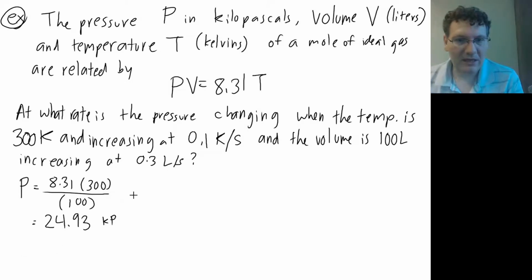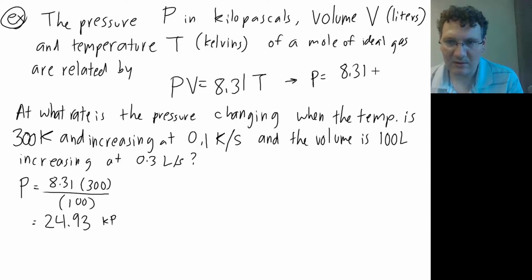Okay, so now we want to take the derivative of this equation. Rather than using implicit differentiation, I'll just write P equals 8.31 times T over V, and we're going to get the partial derivative, dP dt.